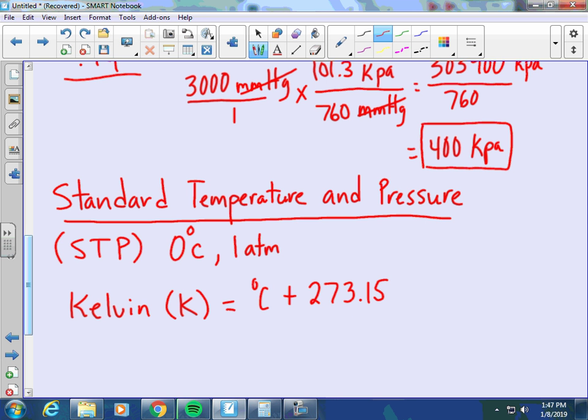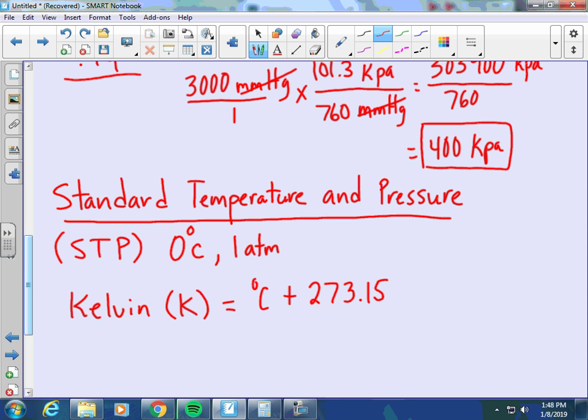Now this Kelvin scale is meant to go along with energy, with the kinetic energy. Remember that kinetic energy is moving energy. Temperature is really just a measure of the average kinetic energy. It's a measure of the average speed of the particles, right? You remember all this?